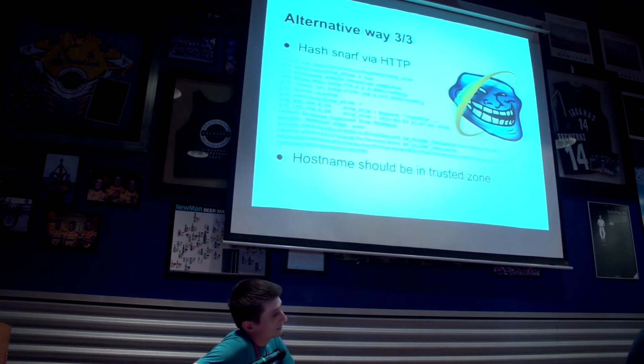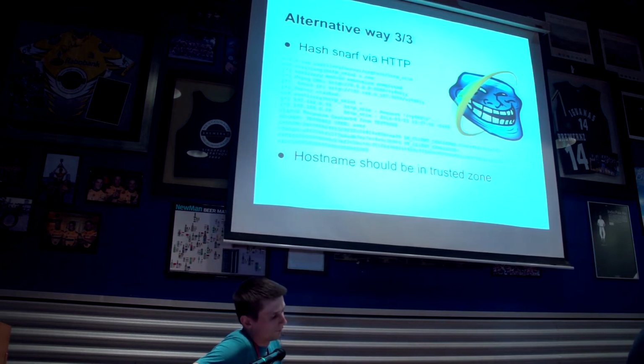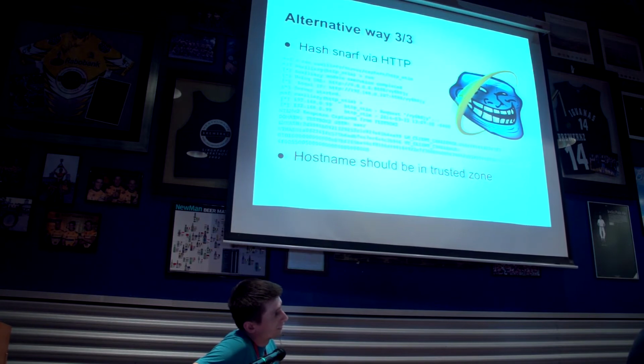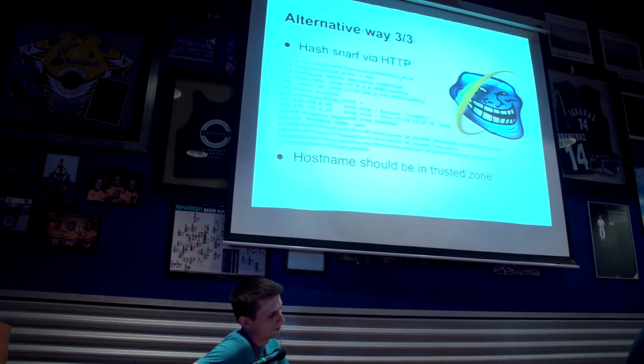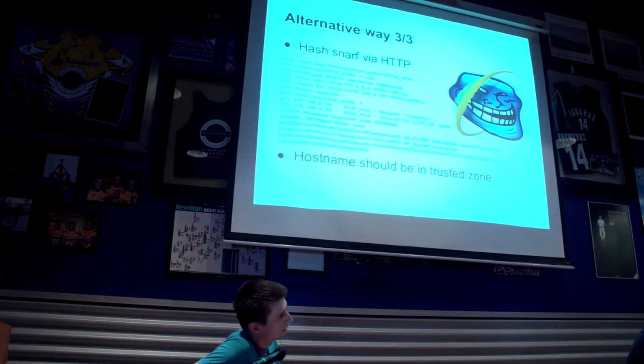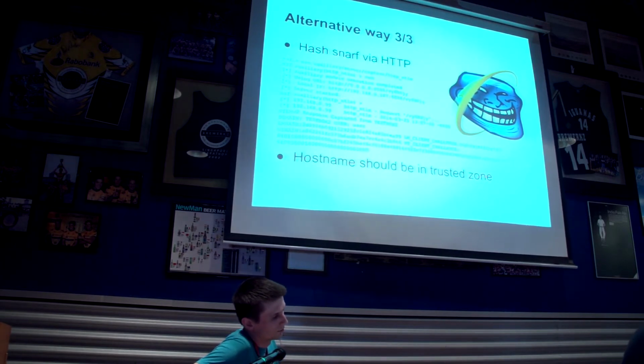But there are some disadvantages. One of them is that the web server still has to be located somewhere in a local network. Moreover, the DNS name of this server should be in a trusted zone of the current user's domain. So at least you should register it on the domain name server.